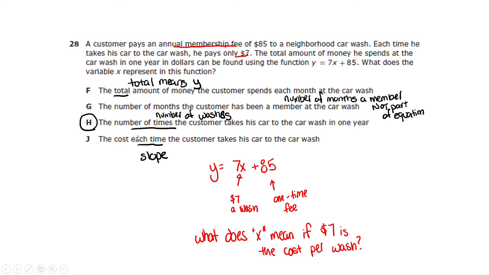H is the number of washes, which is exactly what we're talking about, because let's say he only had 2 car washes, then you would say 7 times 2 plus 85 to figure out how much he would pay for that year. For J, that is talking about the cost of each time the customer takes his car to the wash. Well, it says right here that it's 7, so that doesn't mean X at all.